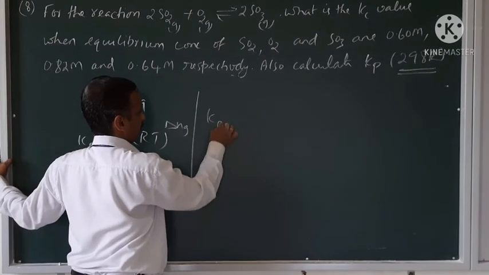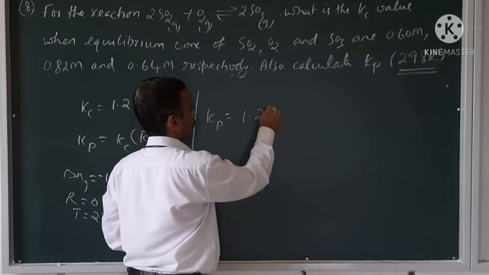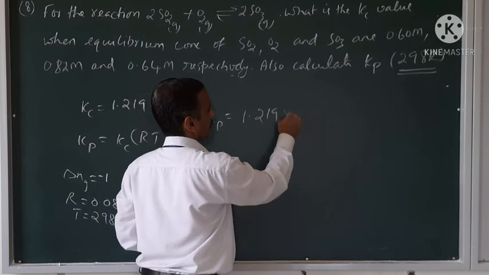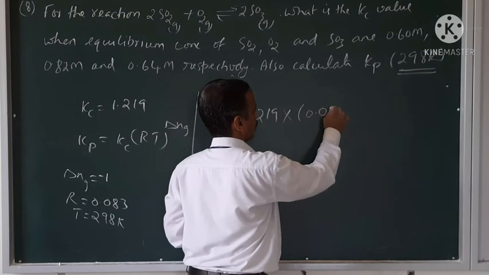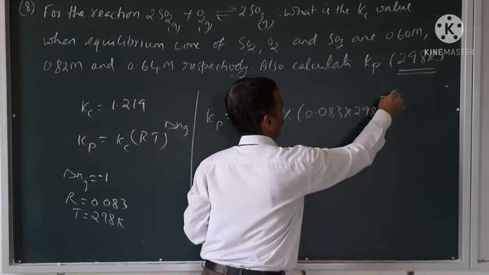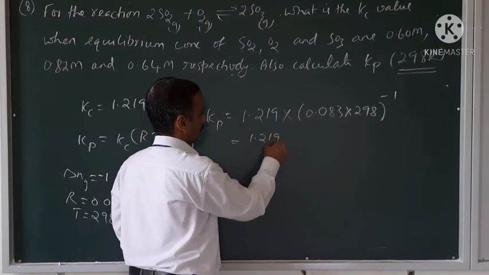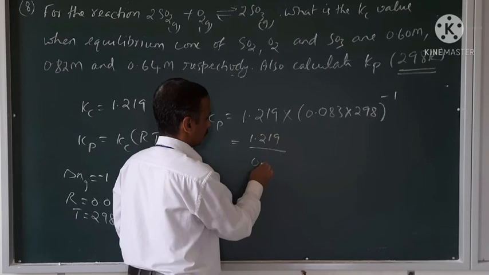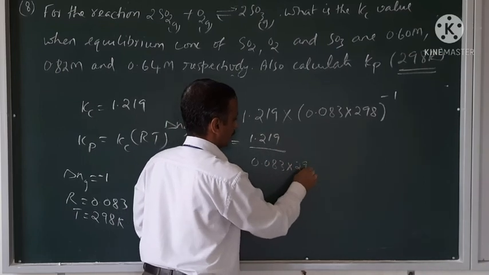So Kp is equal to 1.219 into (0.083 into 298) to the power minus 1, which is 1.219 divided by (0.083 into 298).